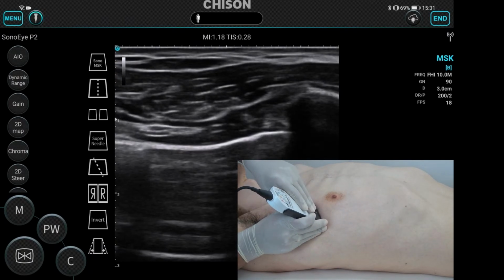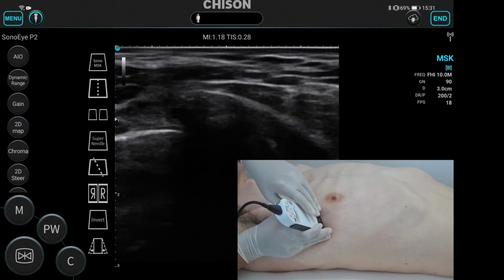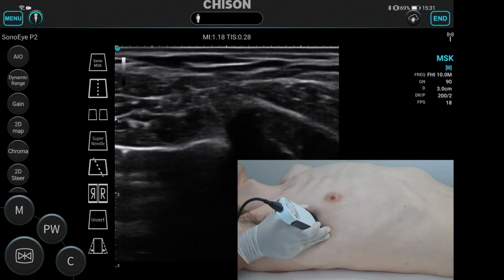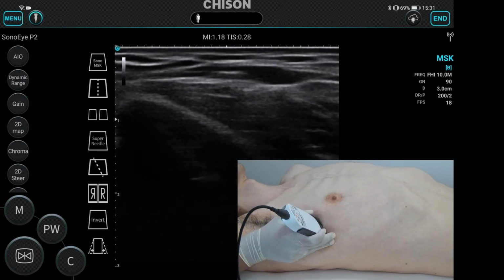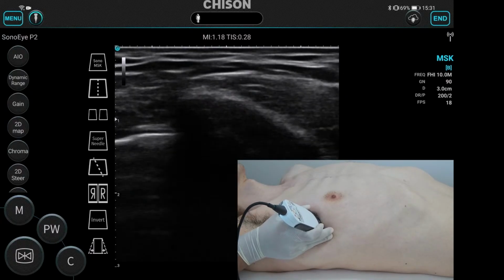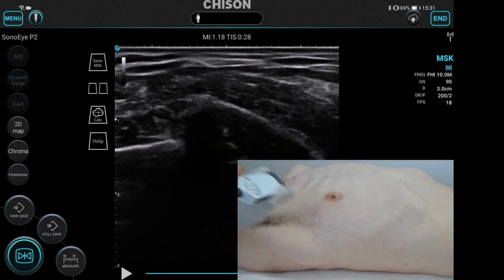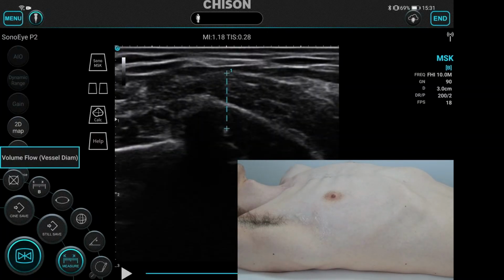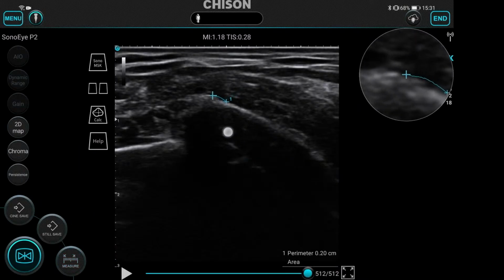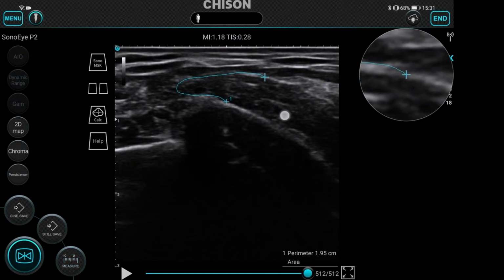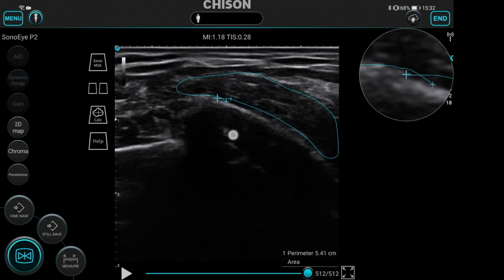Now if I orient my transducer over here, we will see the third group of muscle, which is the serratus anterior muscle directly attached to the ribs. So over here, this is the serratus anterior muscle. If I scan a little bit, if I trace it for you, this is the serratus anterior muscle.